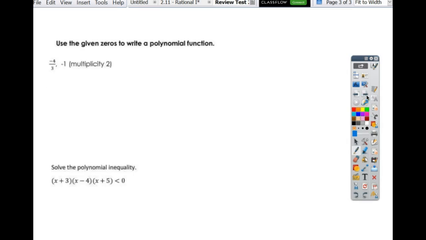So if I'm given these zeros, write the polynomial function.